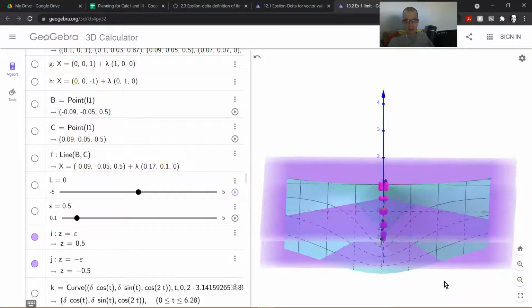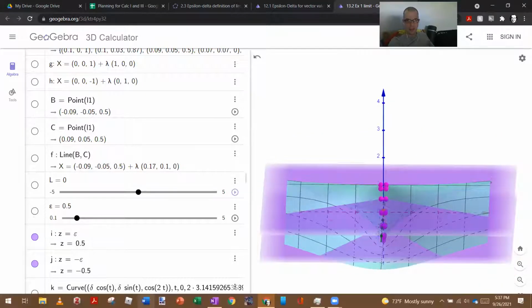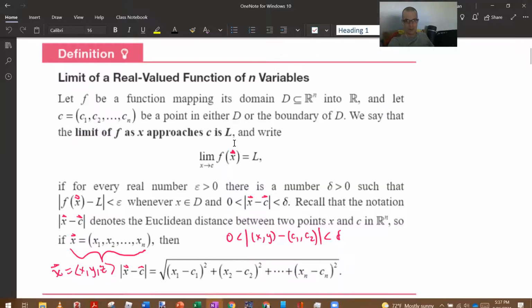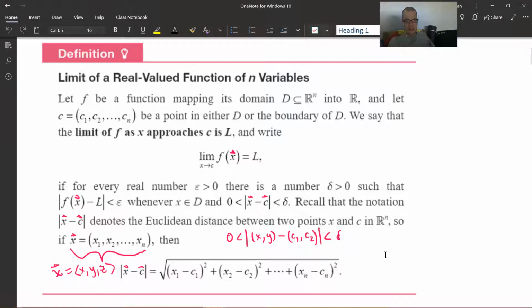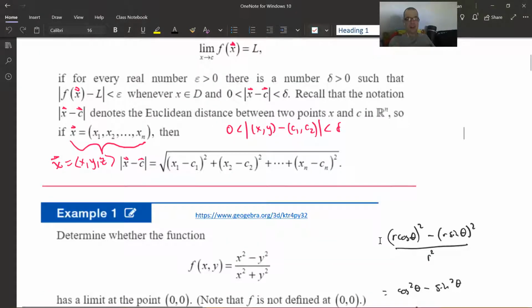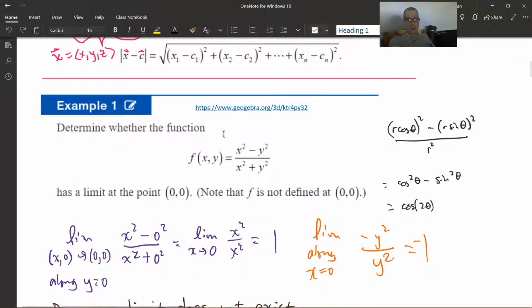Let's go ahead and take a look at this more analytically. We'll look at the notation again. All right, so definition there. Let's look at example 1.